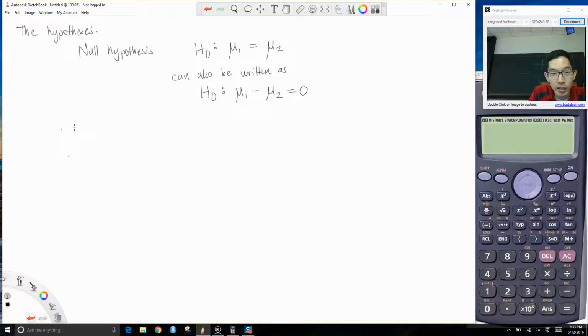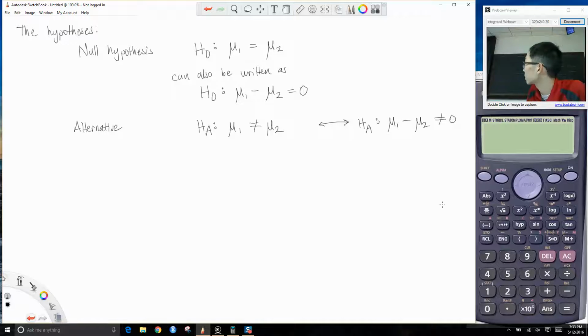And then the alternative hypothesis says, no, the population means are actually different, okay? Or conversely, we can write it as the difference doesn't equal 0.